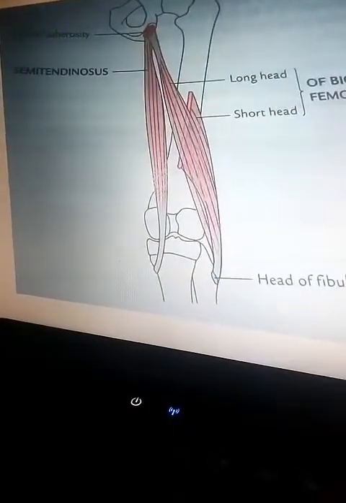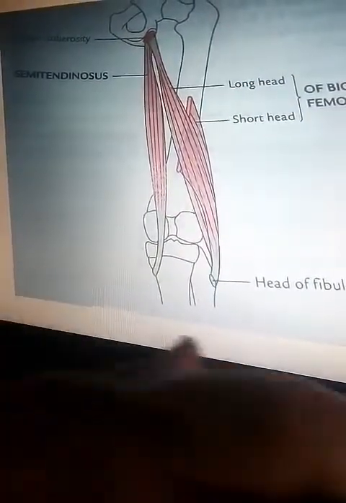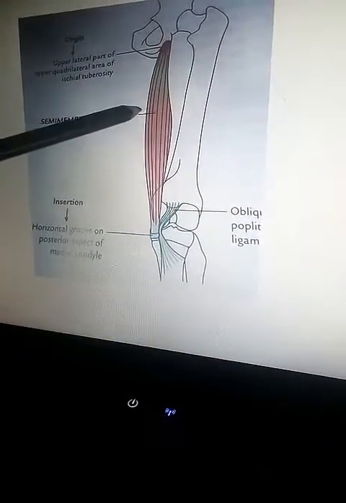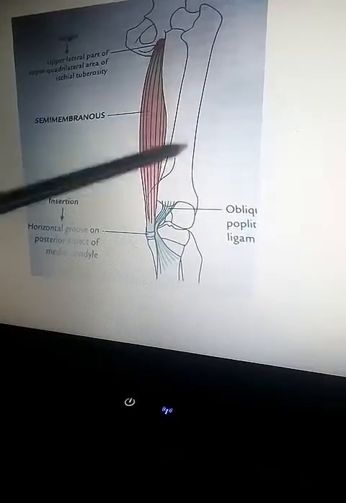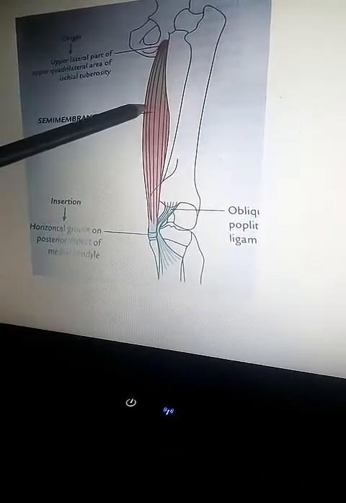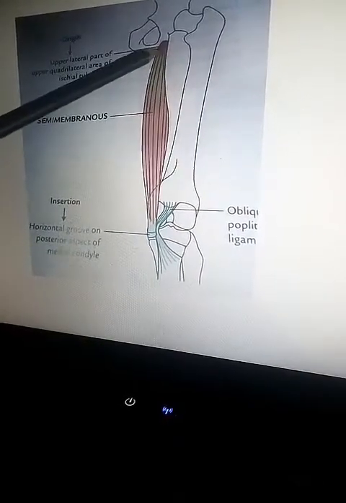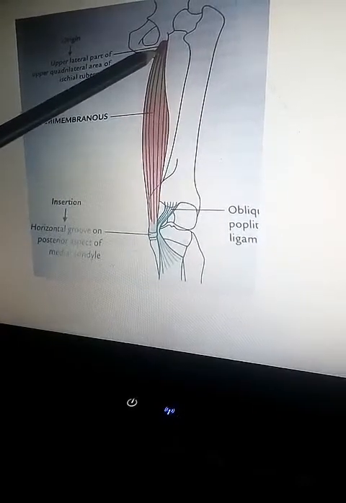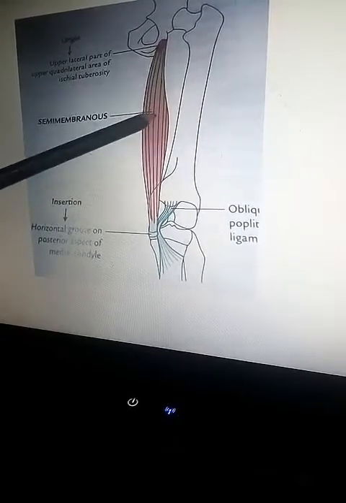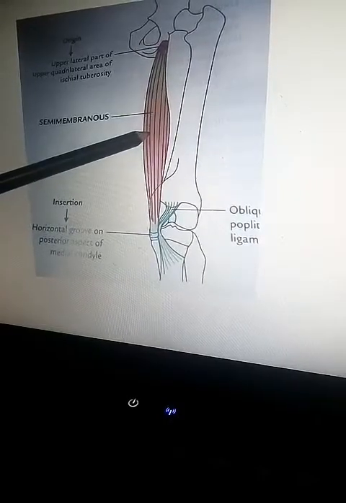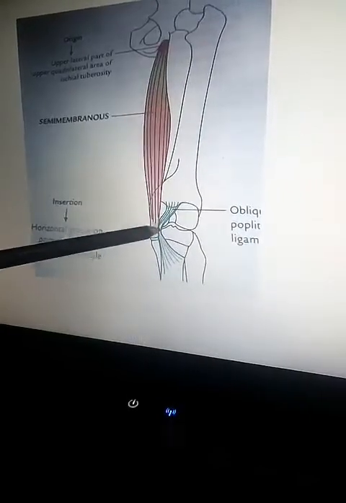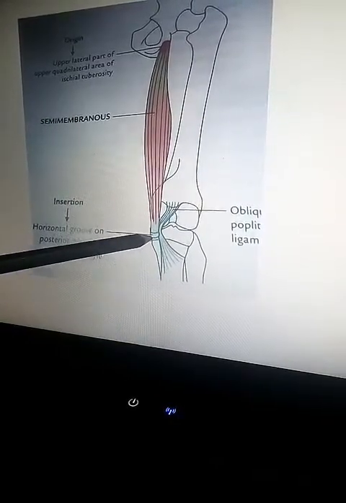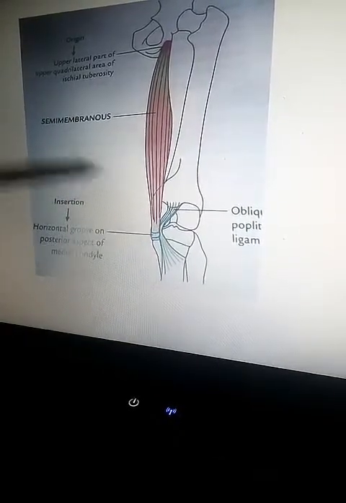Another muscle is the semimembranosus. This is a broad muscle which is half membranous. It arises from the upper lateral part of the quadrilateral area of the ischial tuberosity. The fleshy part converges below to form a tendon which is inserted into a horizontal groove on the back of the medial condyle of the tibia.